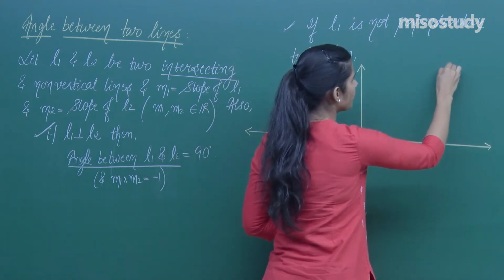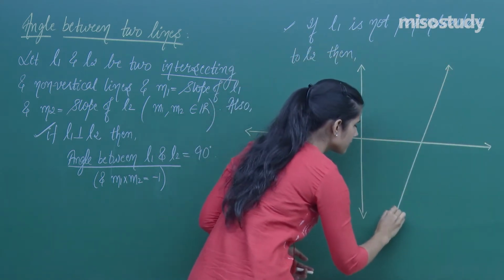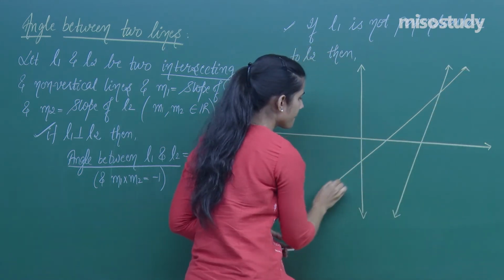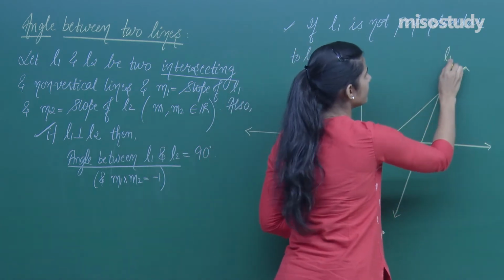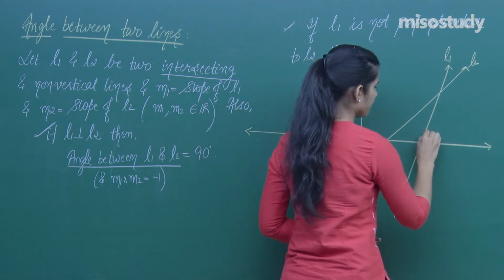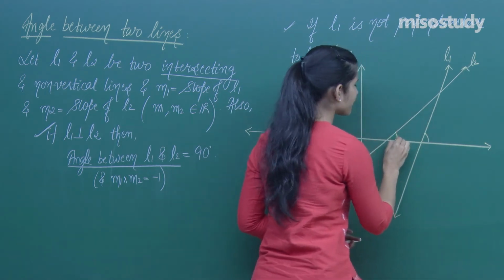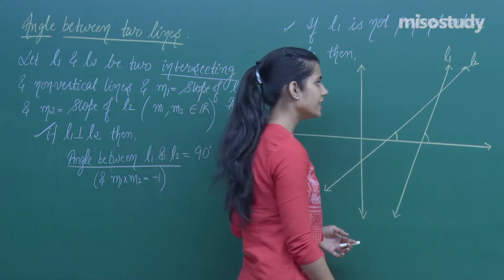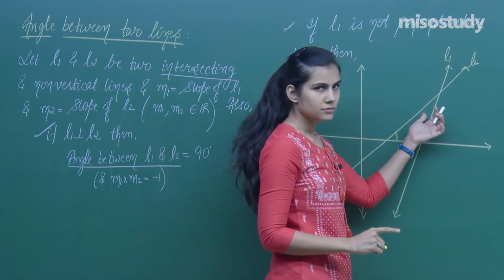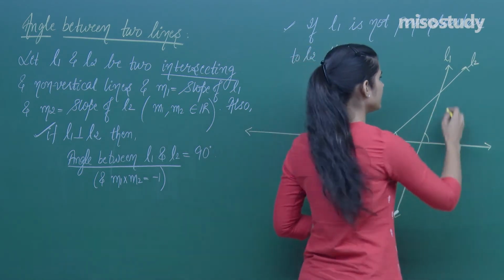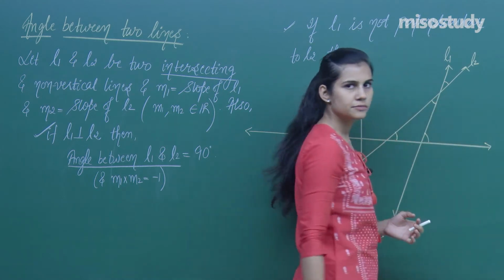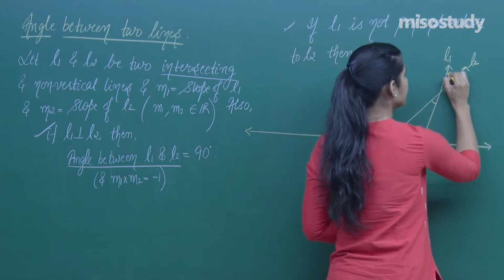So your scenario will be something like this. Say this is L1, say this is L2. So you have got your two lines L1 and L2 wherein they are not perpendicular and they are intersecting at a point. I am going to name this angle as theta.